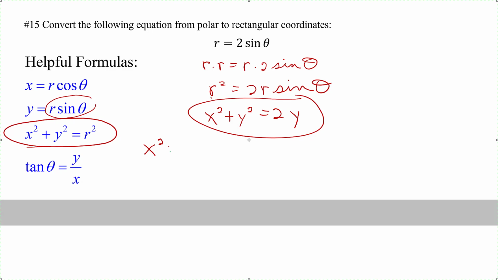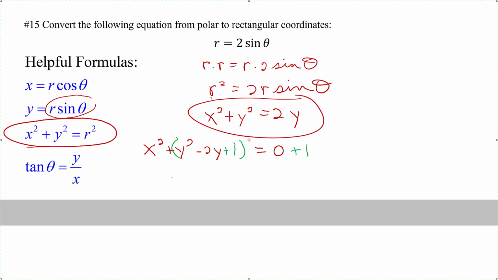So I have x squared plus y squared minus 2y. I can see where I'm headed, so I'm going to put a 0 on the right side, but leave a little bit of space, because what we want to do here, I think, is complete the square on y squared minus 2y. I can do that by throwing some parentheses around here and adding the number I need to complete the square. If I take negative 2 divided by 2, I get negative 1, and then squaring that, I get plus 1. I'll add 1 to the right side as well.